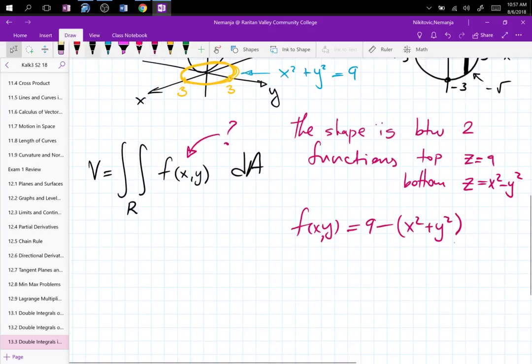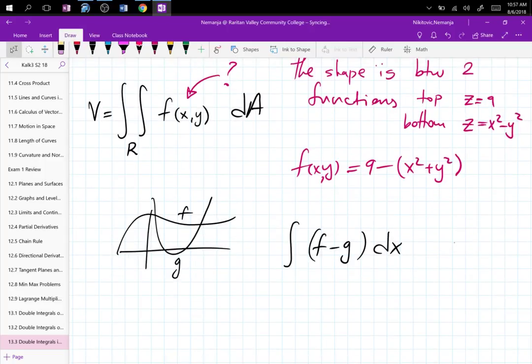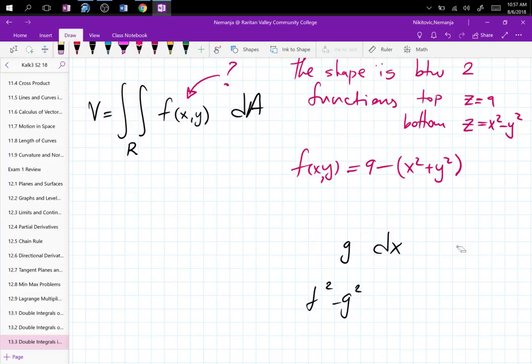You have seen this before when you did area between two curves, right? This was f, this was g, and then you had the integral of f minus g dx. You also had the disk method, the washer method. Washer method was f squared minus g squared and all of that stuff. So you always had top minus bottom. So now with the 3D shape, it's still the same story.